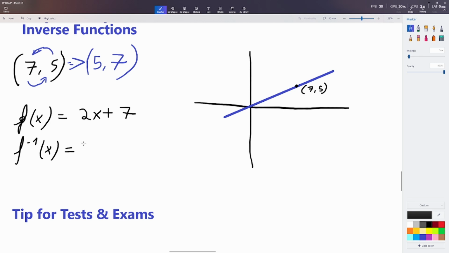So you want to find this. Then you know that your original is the same as y is equal to 2x plus 7. And if you want to get an inverse of this, then you will simply make it into x is equal to 2y plus 7.